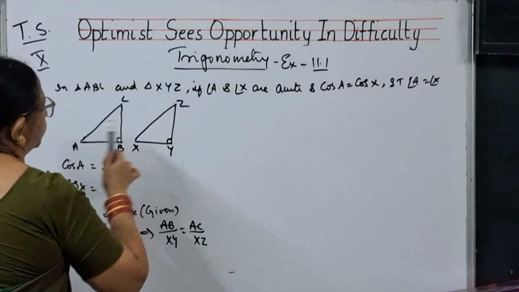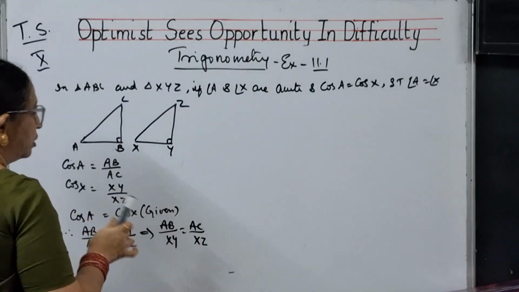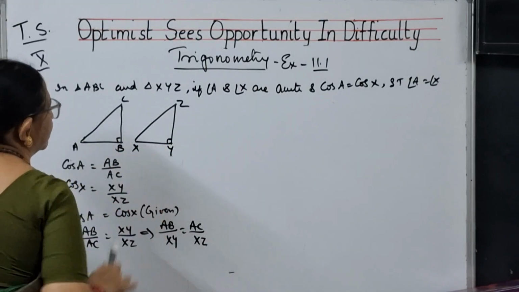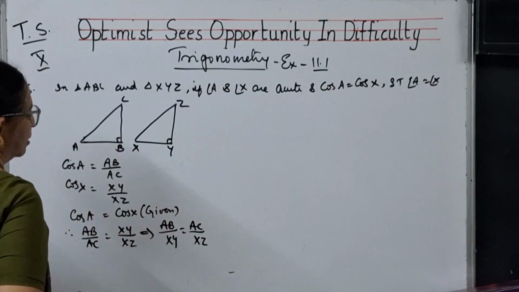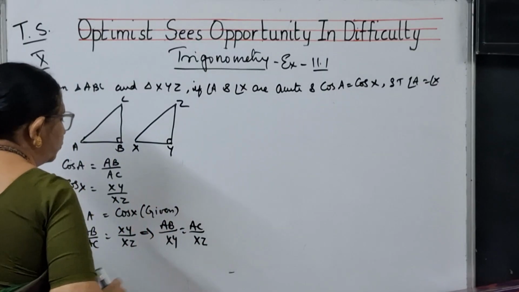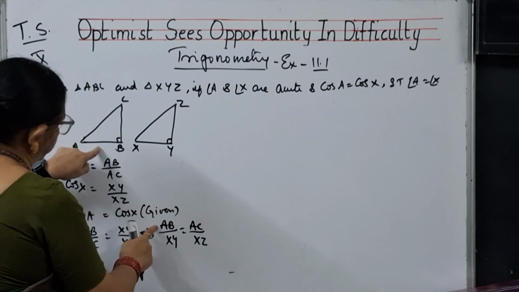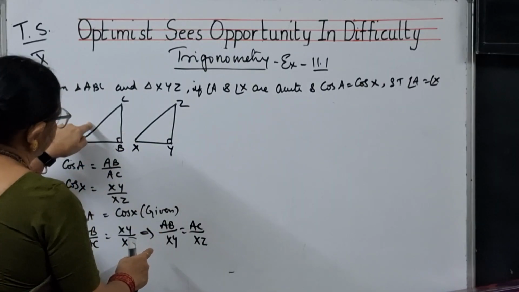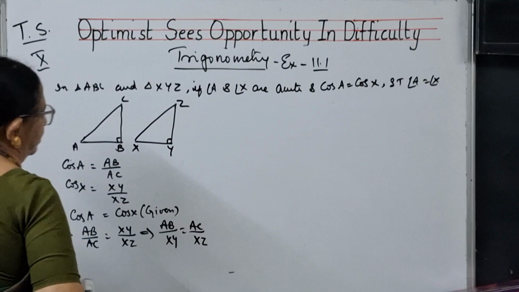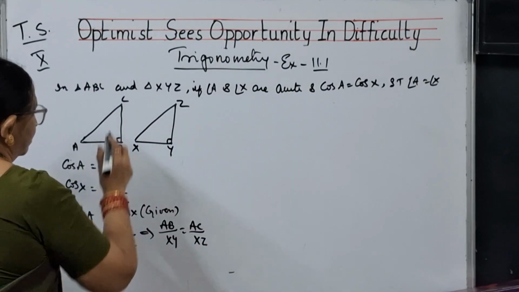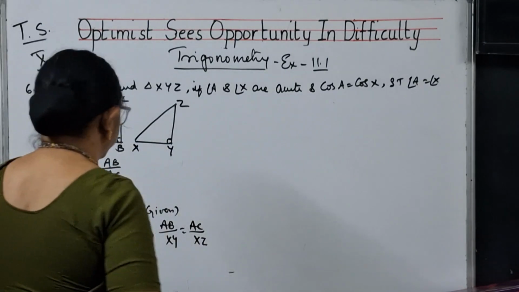But to prove that two triangles are similar, we need to prove that the corresponding sides are proportional. So in this, one set of corresponding sides we are able to prove. So what do we need to prove? We have talked about AB, XY, AC, XZ. Now we have to prove that BC and YZ are proportional. So let us concentrate on BC.